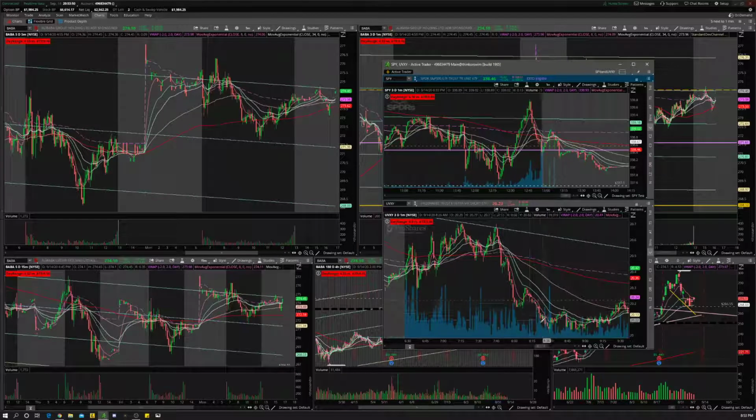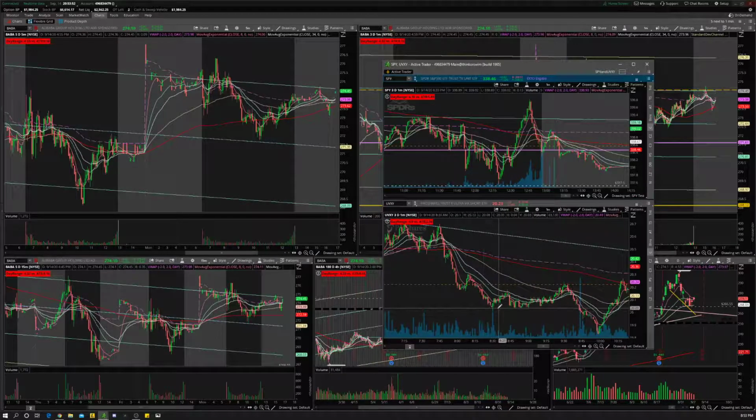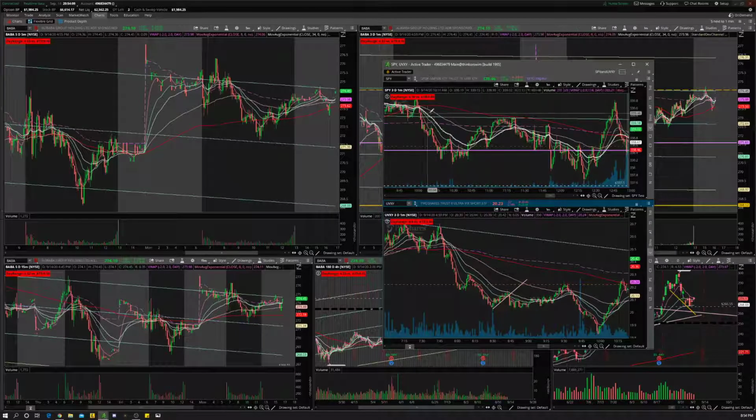So if UVXY is going like that, and I'm gauging, okay, UVXY keeps bouncing off this level. When it breaks that, that means whatever, like if a lot of tickers follow UVXY, like BA, SPY, Amazon, sometimes Tesla, Apple, certain mega caps do.